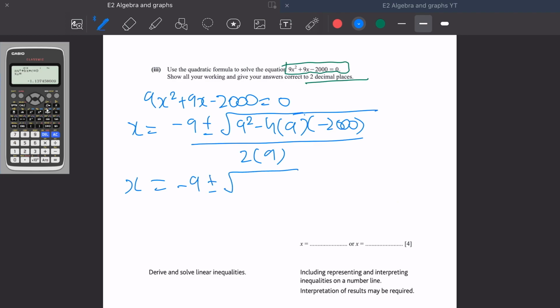Let's write that. 9 squared minus 4 into 9 into minus 2000. You get 72081 over 18. So your two solutions are 14.42 and minus 15.42.